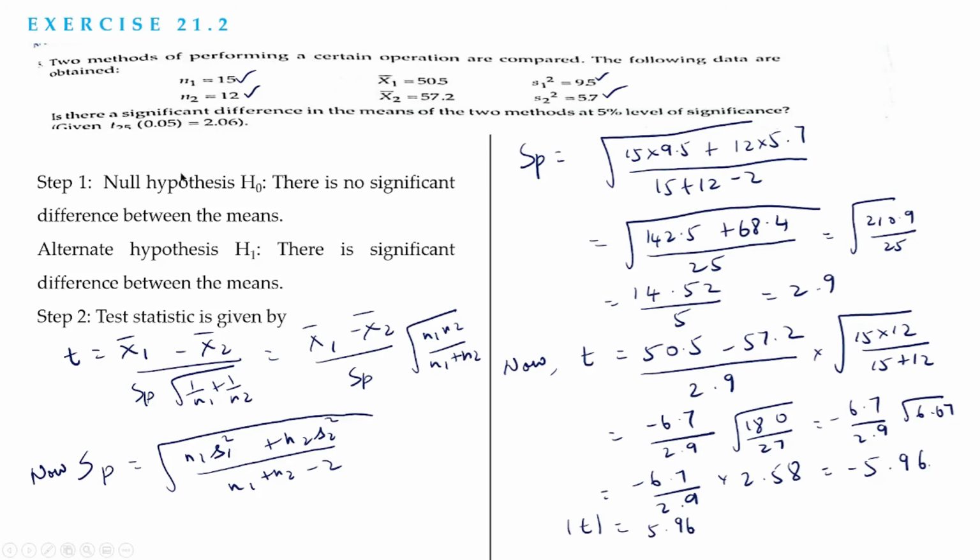So here we can see that the critical t value at 5% level of significance with 25 degrees of freedom is 2.06. So 5.96 is more than this 2.06. As a result, we have to reject H naught. It means there is significant difference between the means.